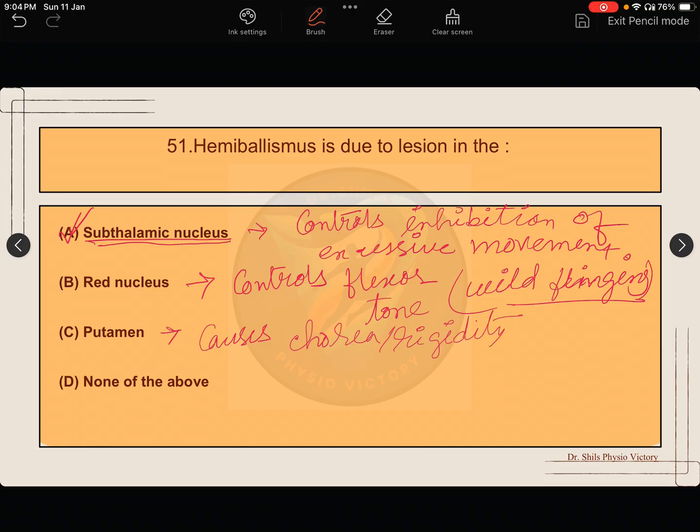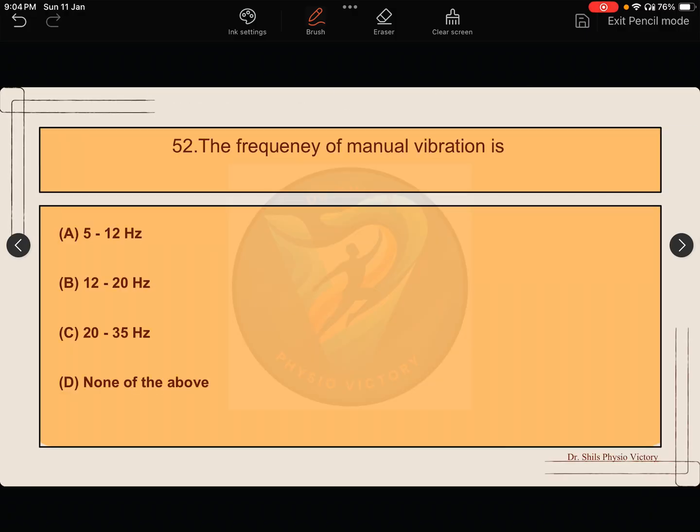Next, come to question number 52. The frequency of manual vibration is option A, 5 to 12 Hz, option B, 12 to 20 Hz, option C, 20 to 35 Hz, option D, none of the above. Here the correct answer is option B, 12 to 20 Hz.